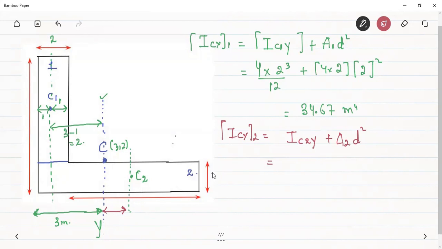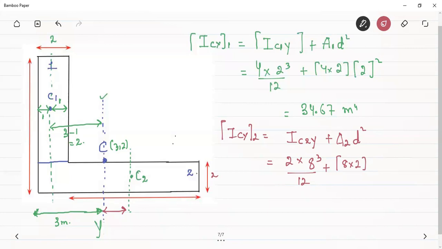So d is 2, into b cube, where b is equal to 8, plus area, which is equal to 8 into 2. Now this distance needs to be found out.